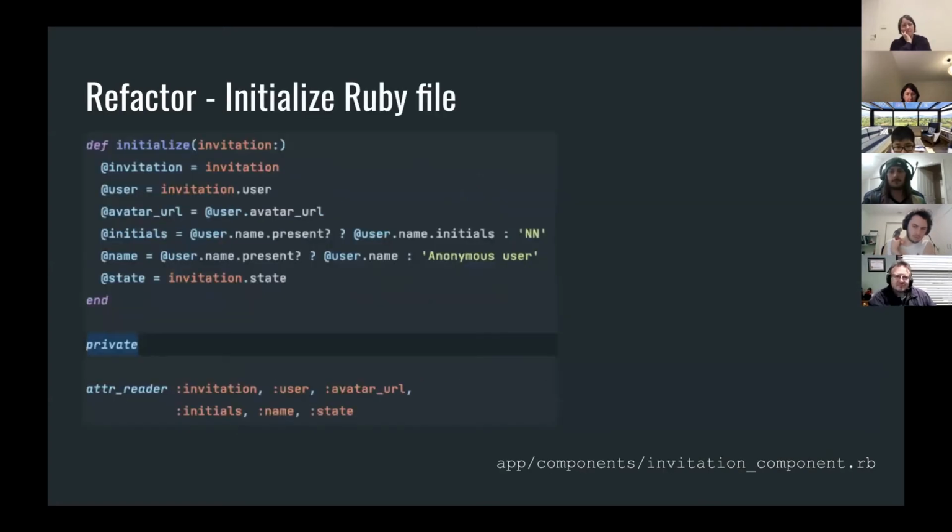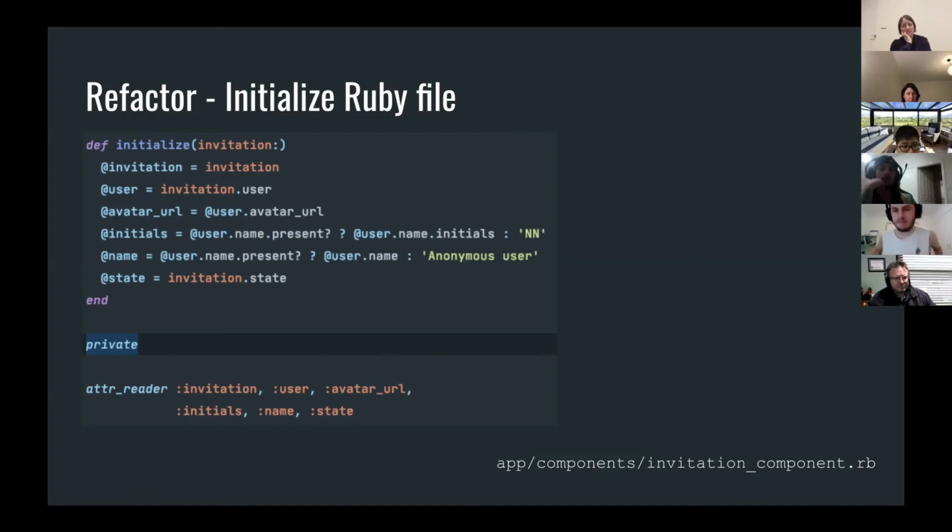I define them in my Ruby file. So for this example, I'm passing in the invitation. I'm injecting the dependency of the invitation. And inside, I can have attribute readers. I can define defaults. I can define fallbacks. So for example, I have an avatar_url attribute reader and name and state attribute readers with some fallbacks.